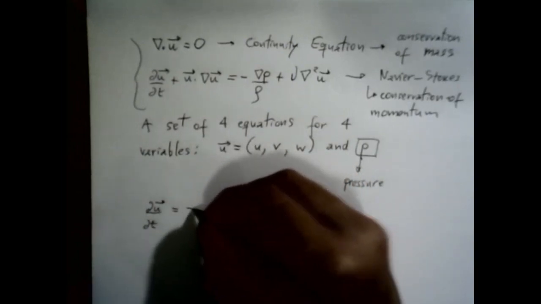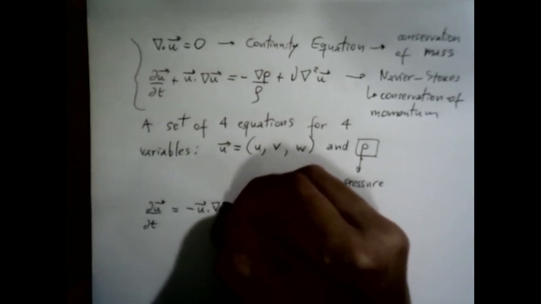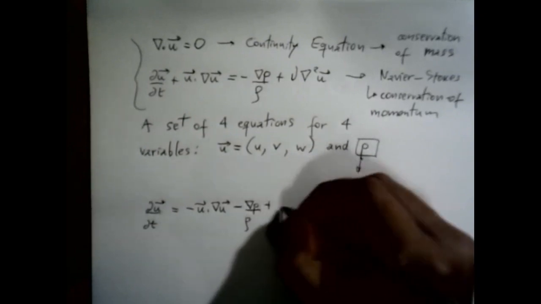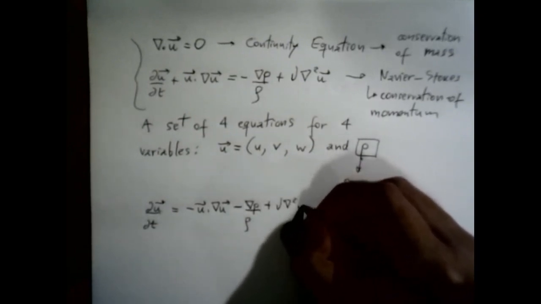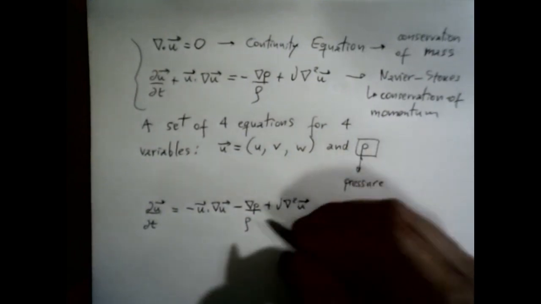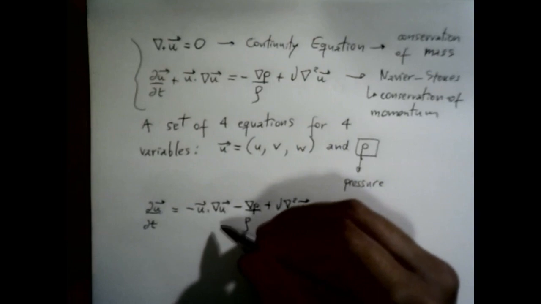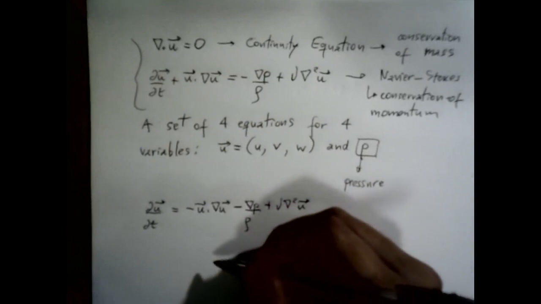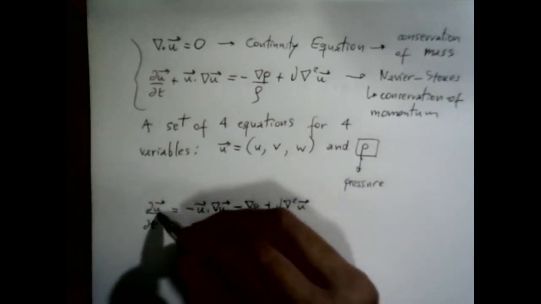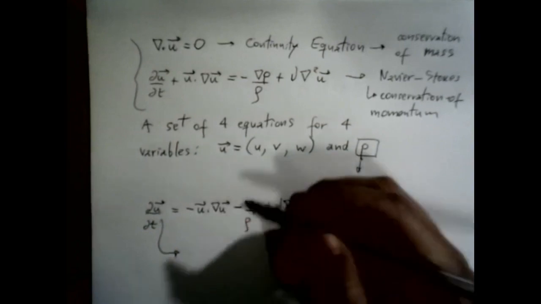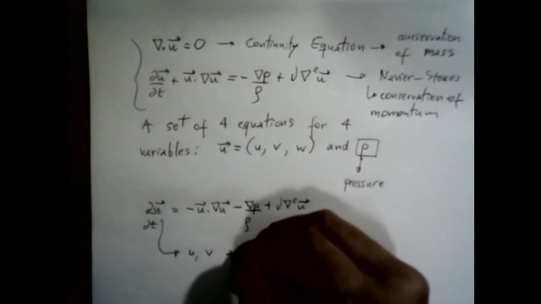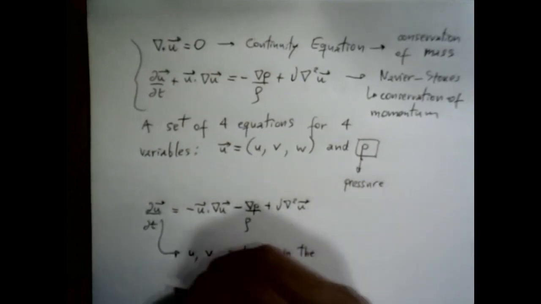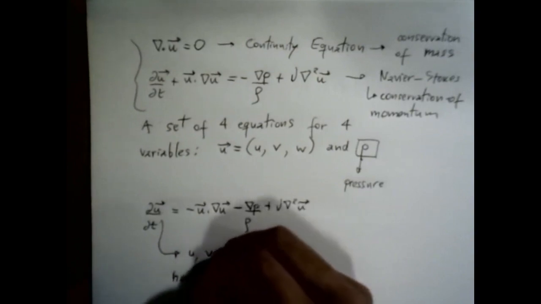So we have here the convective acceleration, the pressure term, and the forces due to viscosity, the diffusion of viscosity. Now you can time integrate this equation. We do a partial integration and you have the components u, v, and w in the next time step.